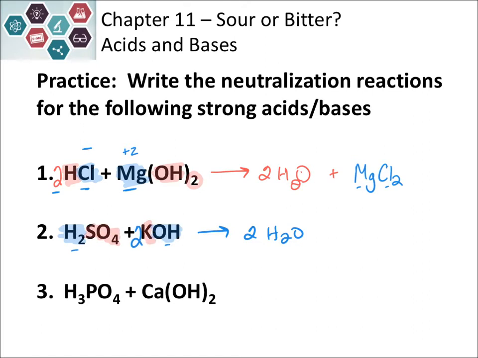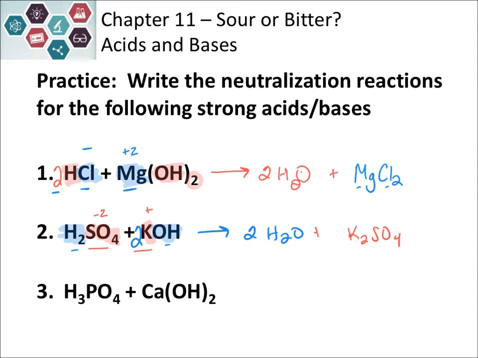If I use my balancing here, I have 1 sulfate and 2 potassiums, so that's K2SO4. The other way I know that is potassium's in group 1, it's a +1 charge. Sulfate is a polyatomic, you can look it up, it's a -2 charge. So 2 potassiums for 1 sulfate. Let's go ahead and pause the video and see if you can do number 3.